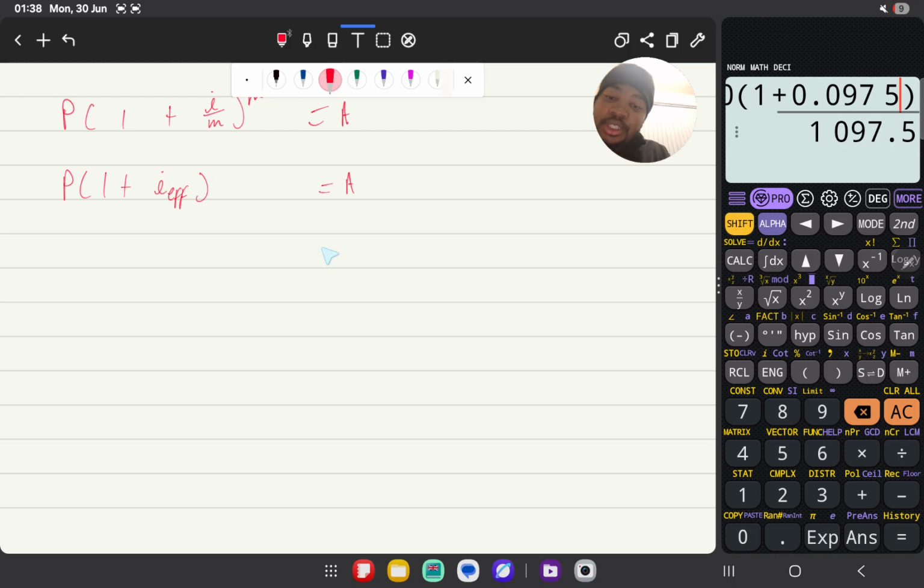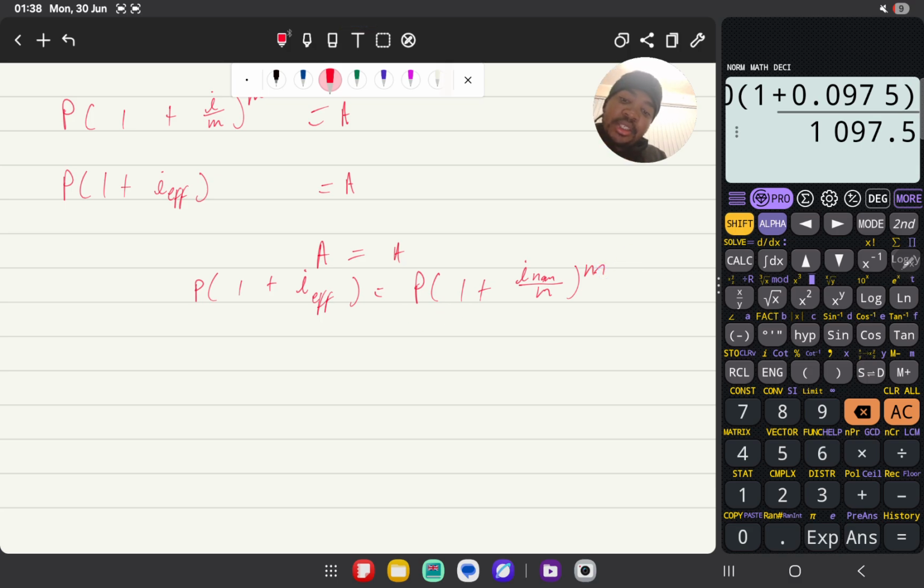So now we'll just say A equals A, where you have P into 1 plus i effective, then you have P times 1 plus i nominal divided by m, all to the power of m.